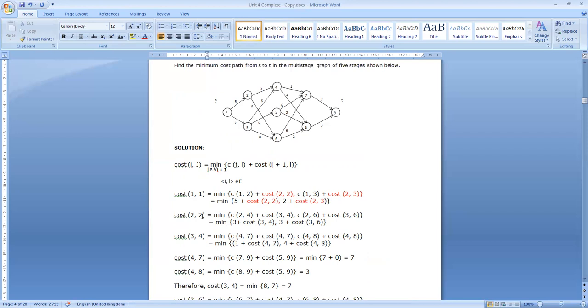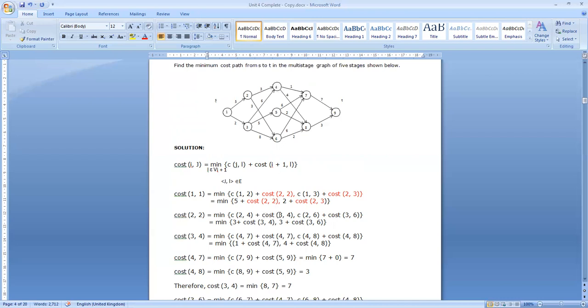So the minimum cost path from vertex 2 in stage 2: vertex 2 is connected with vertices 4 and 6. So minimum of the weight value between 2 and 4, C(2, 4), plus cost of (3, 4), since vertex 4 is in stage 3.